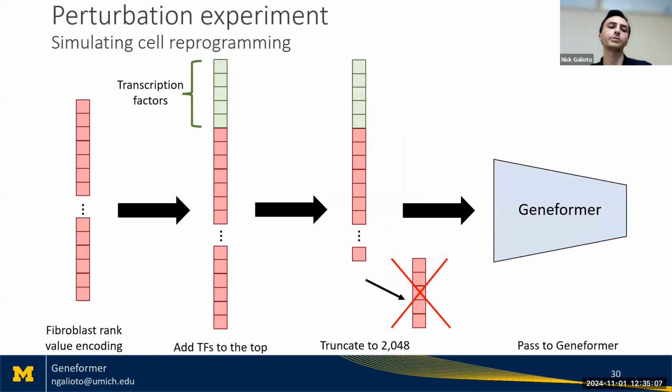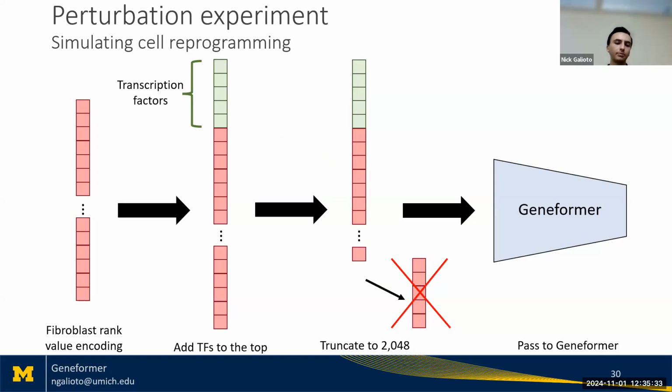Now let me explain how this perturbation experiment works. Again, we start off with this fibroblast rank value encoding, and the idea is in the lab experiment, what you would do is you would flood the cell with a transcription factor. So what we do in silico is we say, okay, let's say that these transcription factors are now the most expressed genes within the rank value encoding.